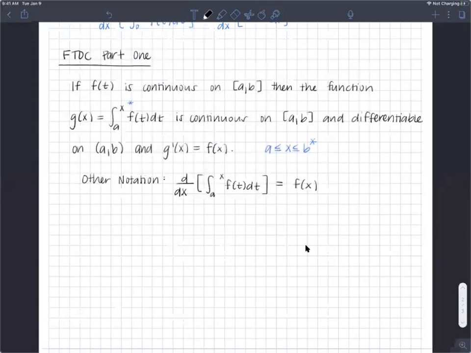I think it is specific to having 0 there. All right, so let's do some examples with this.